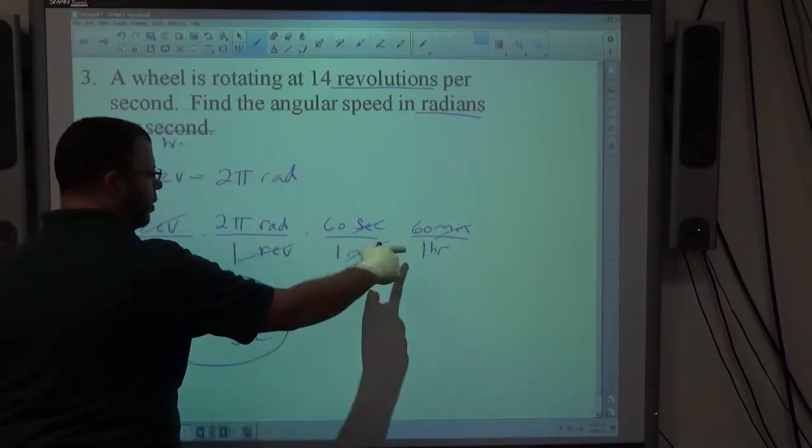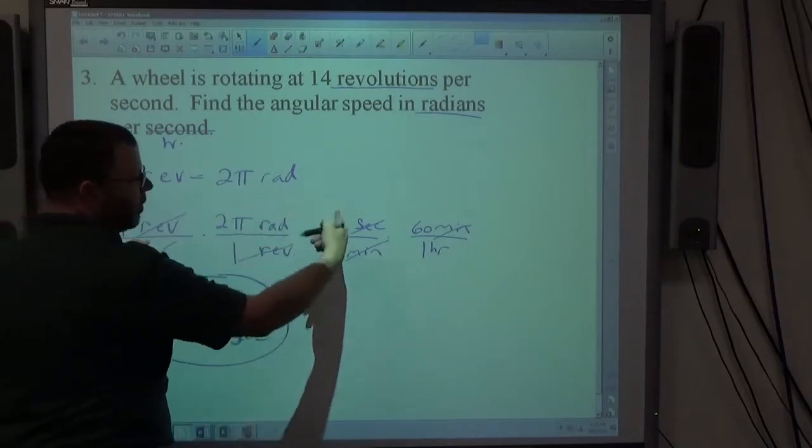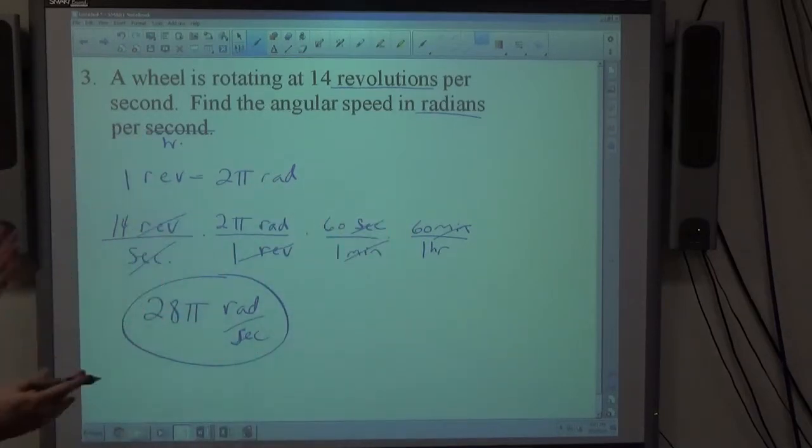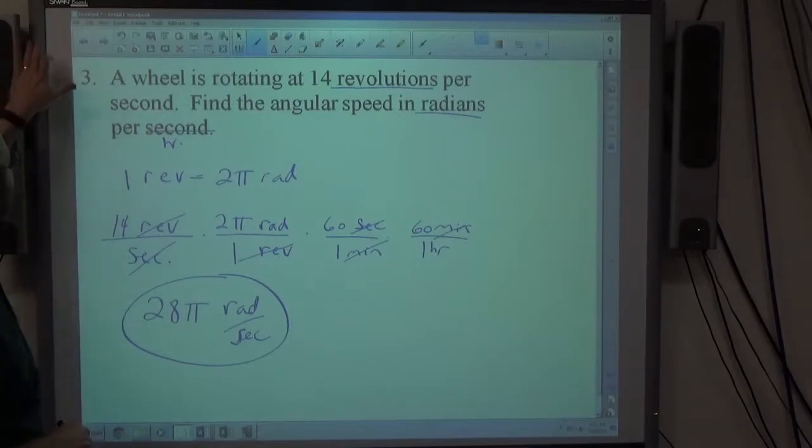And now all of a sudden we have radians per hour, 14 times 2 pi times 60 times 60, whatever that comes out to. So just be aware that I'm not going to shy away from changing the speed and the time. So just keep that in mind. Make sure you look at the question carefully on the test.